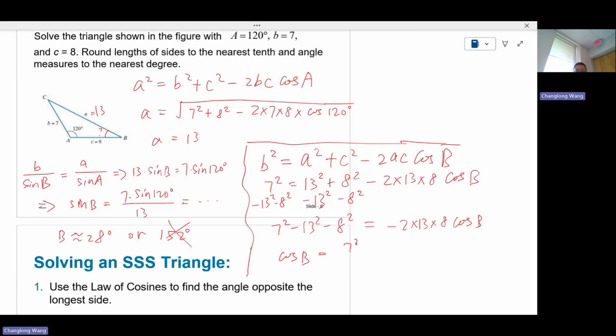It will be 7 squared minus 13 squared minus 8 squared over negative 2 times 13 times 8. Okay, am I right? Yeah, okay. And once you get whatever that is, you invert the B using the inverse cosine, right? And it turns out to be roughly 28 degrees.